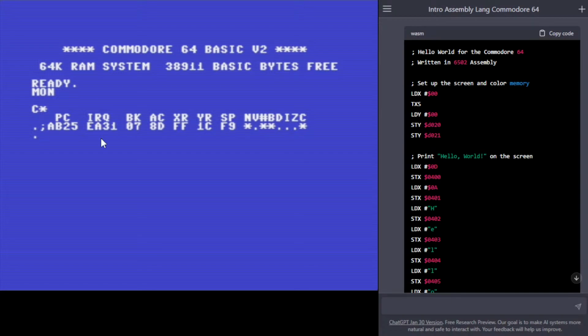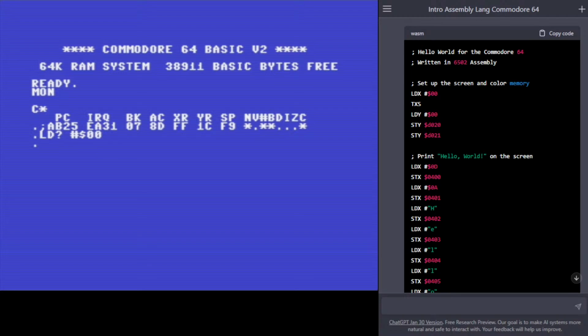I think that if I type this LDX, that's supposed to be an L. Whoopsies. So LDX should be 00. Okay. It doesn't even know.